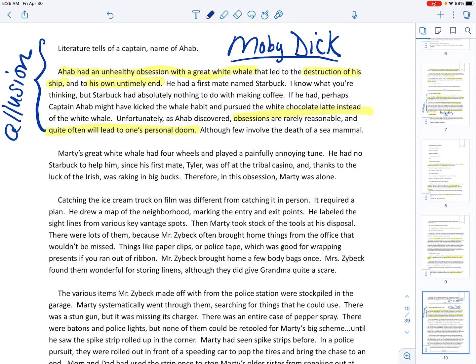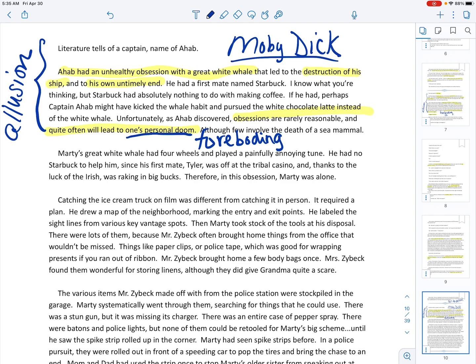So it's an interesting reference to obsession. And I think this part is, again, foreboding, because we talked about the fact that Marty is obsessed. And obsession, according to this, is going to lead to his personal doom. So we'll see how that doom plays out.